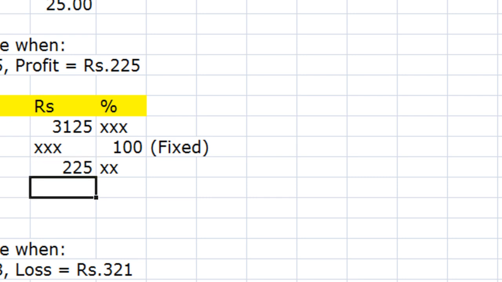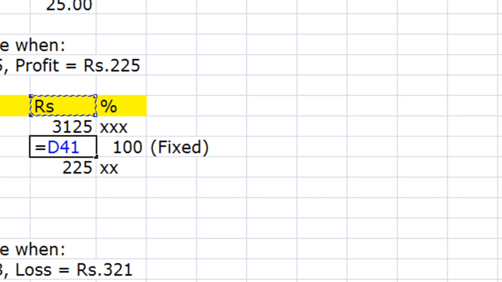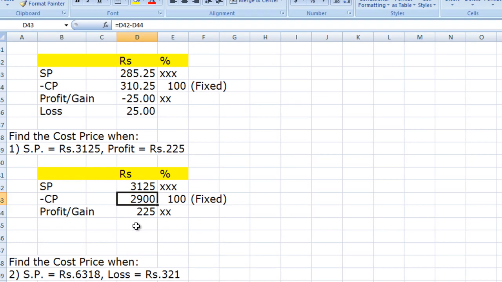So here the cost price is equal to SP minus profit, that is 2900. 2900 is the cost price.